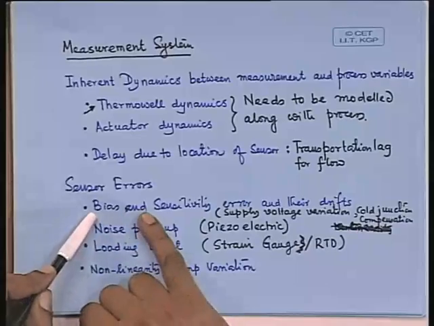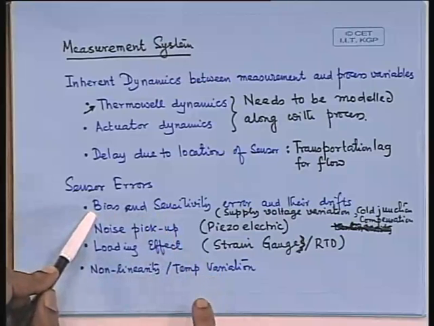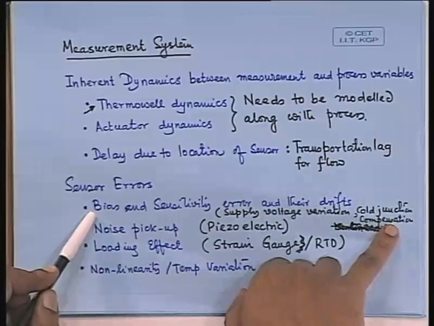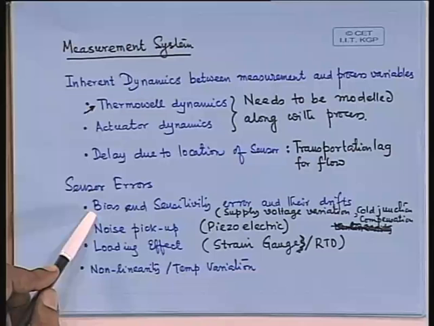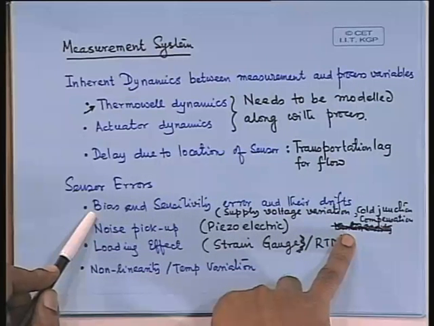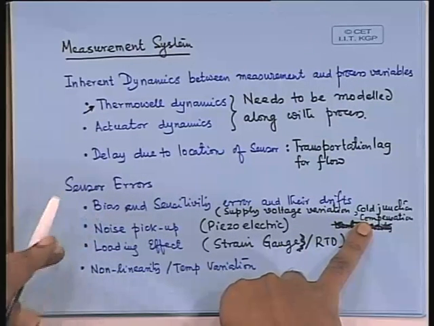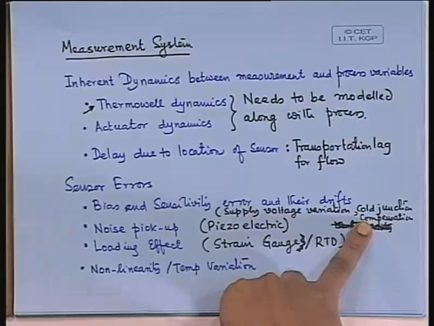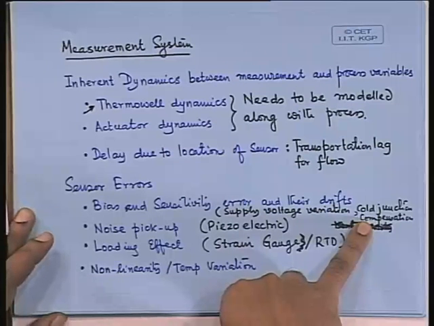If the bridge supply changes a little bit, you have a completely different sensitivity. And if you don't nullify that, then basically your sensor gain changes, right? And if you are using a constant gain value, then you are off. So there could be bias and sensitivity errors. One very good example of bias is cold junction compensation, right? If you have a problem in your cold junction compensation circuit, then you have a bias in your temperature for any thermocouple measurement.